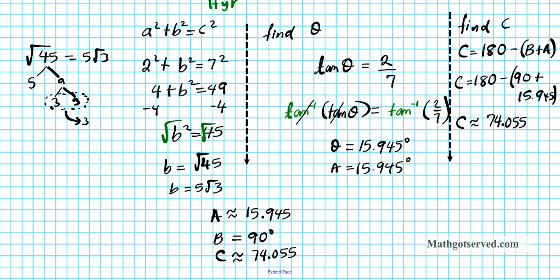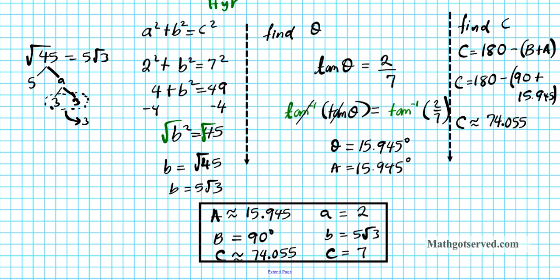Little a was provided for us. It has a value of 2. Little b is equal to 5 root 3. And little c has a measure of 7. So if you can list all the three sides and three angles of a right triangle, then you have solved the right triangle as the problem indicated for us to do. Alright, so there you have it.